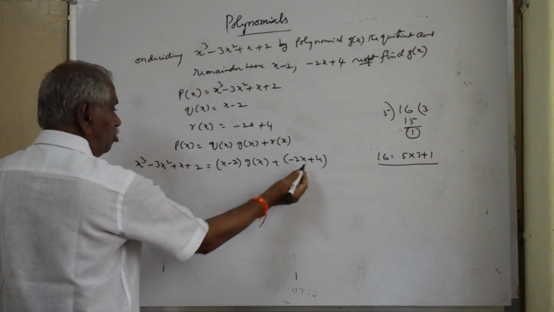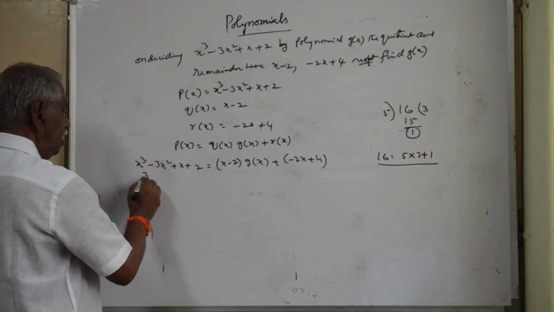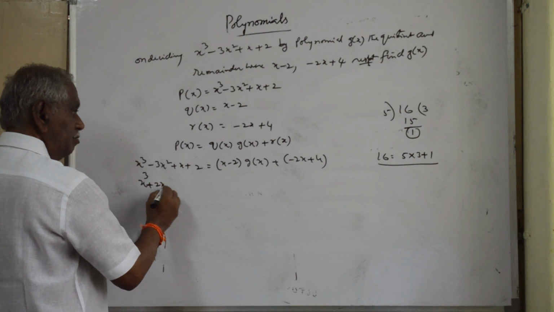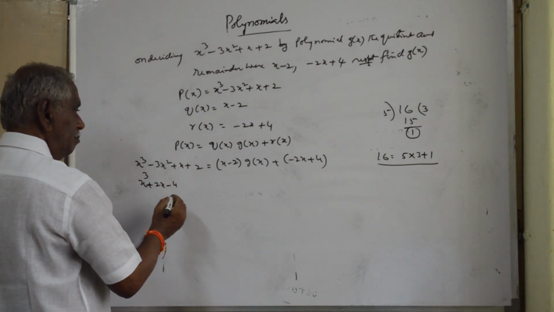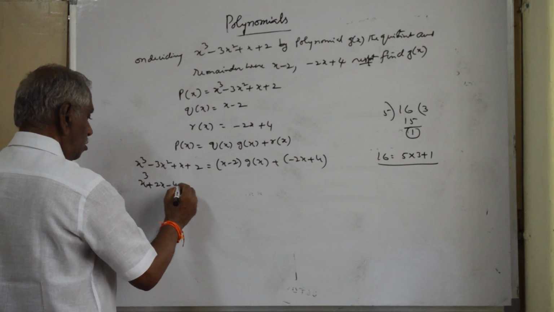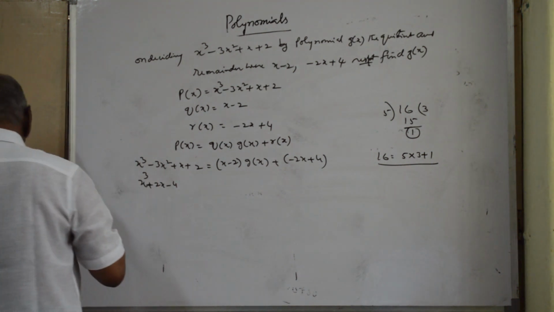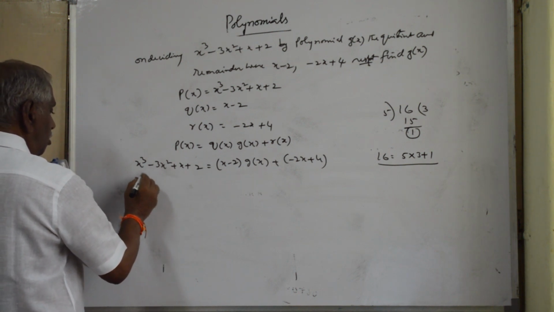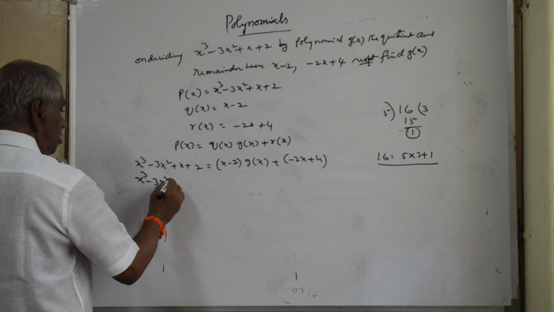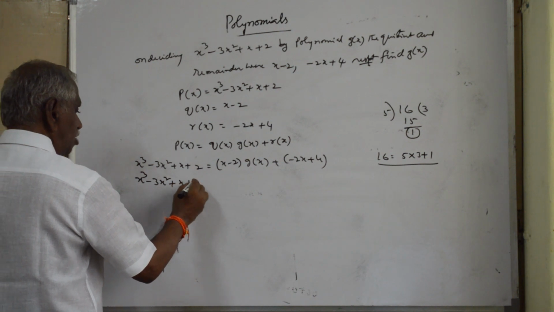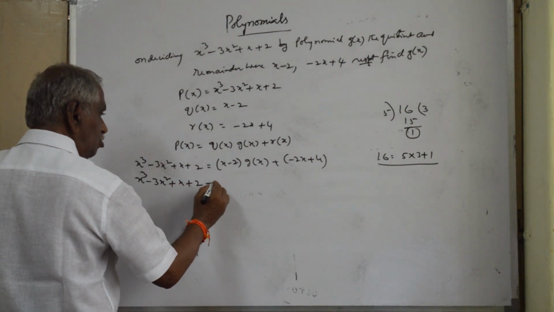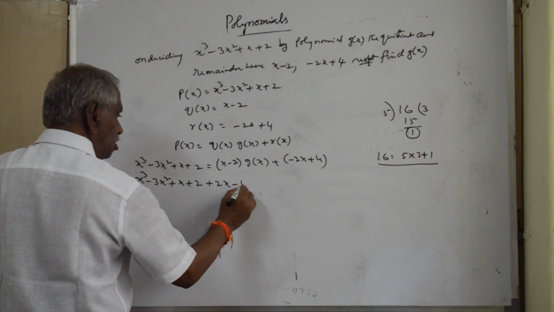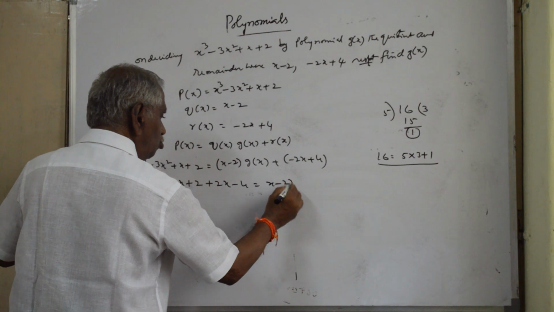Now we bring minus 2x plus 4 this side. I will write x cube minus 3x square plus x plus 2, and if you bring minus 2x here it becomes plus 2x, and this is minus 4, is equal to x minus 2 into g(x).